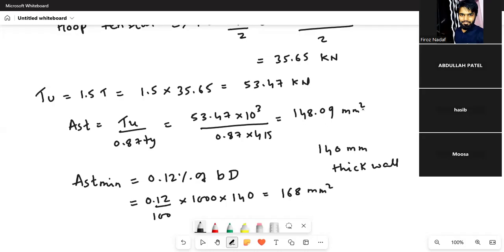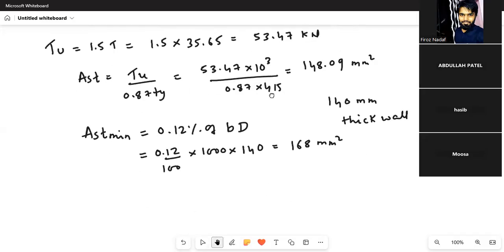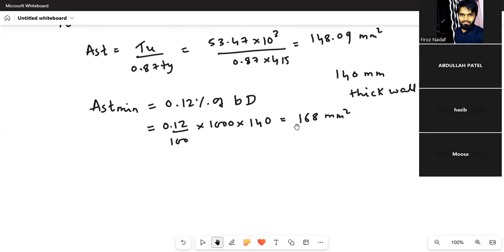So whatever AST you have gotten, it is less than AST minimum. So you cannot provide 148 mm square. You have to provide 168 mm square, because that is the minimum reinforcement that needs to be provided in the bunker. So I will assume 8 mm bar, and the spacing formula is B into area of 1 bar divided by AST.